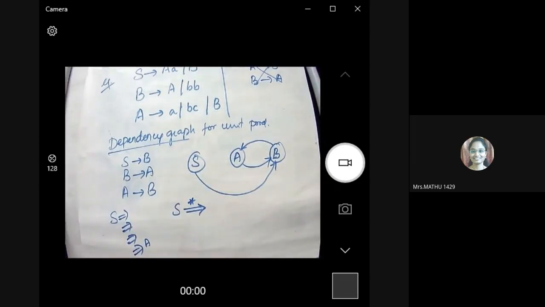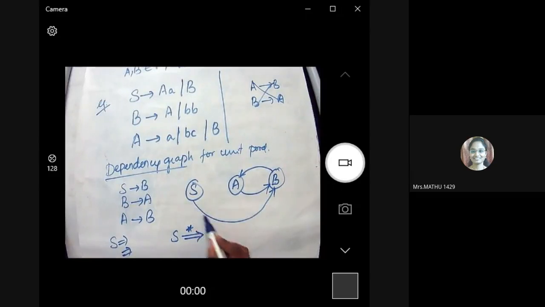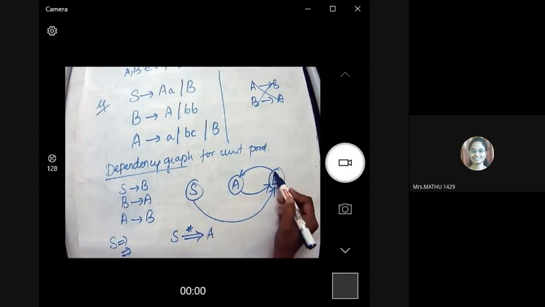That is the meaning. There is a path going from S to B and then from B to A. So you will be able to generate A, and also you will be able to generate B.